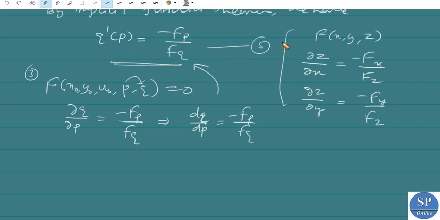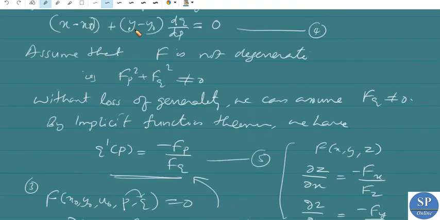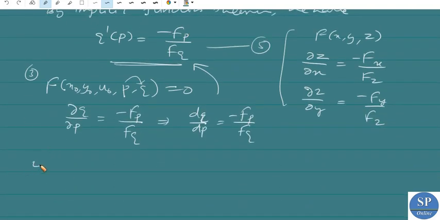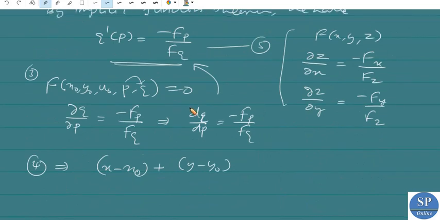Number it as 5. Now replacing this value in the previous equation 4, x minus x naught plus y minus y naught into dq by dp equal to 0, we can replace dq by dp by q dash p. So we get x minus x naught plus y minus y naught into negative of minus fp divided by fq equal to 0.